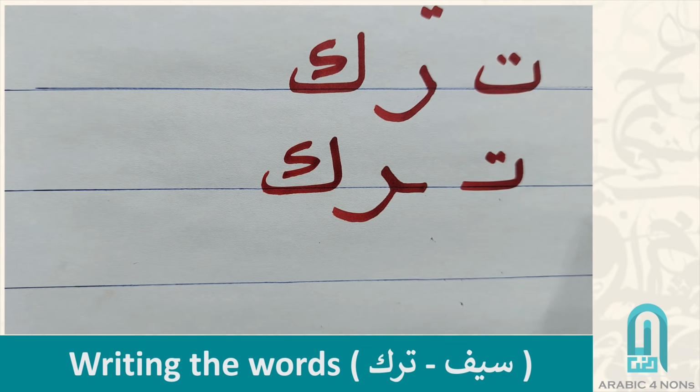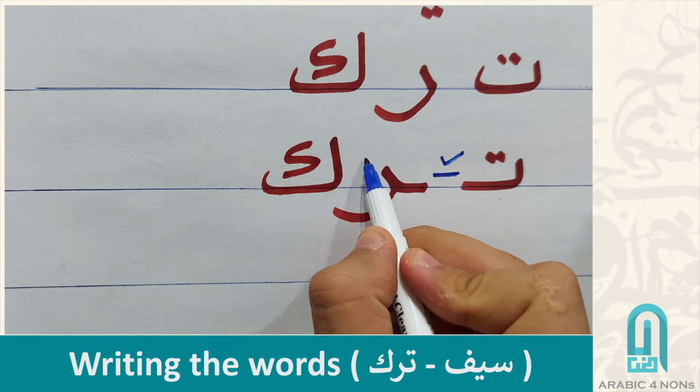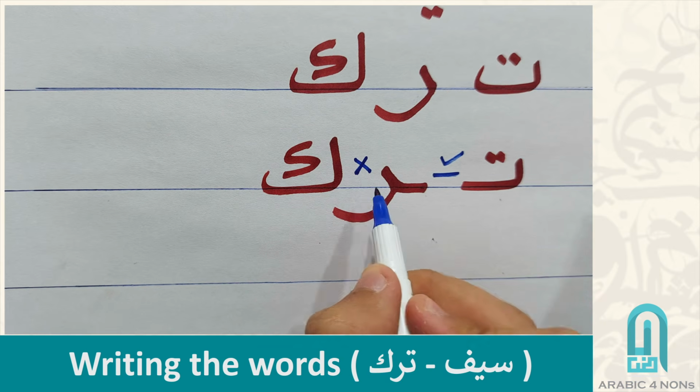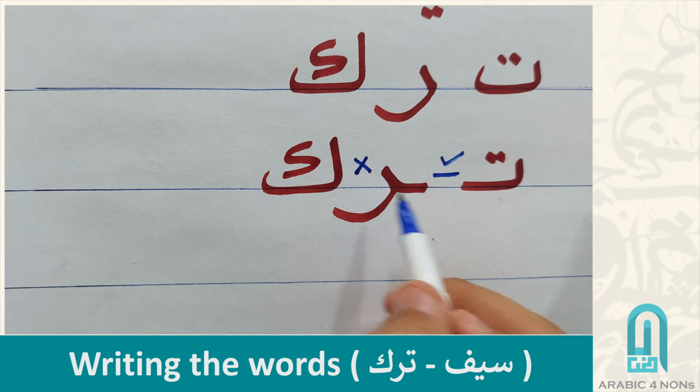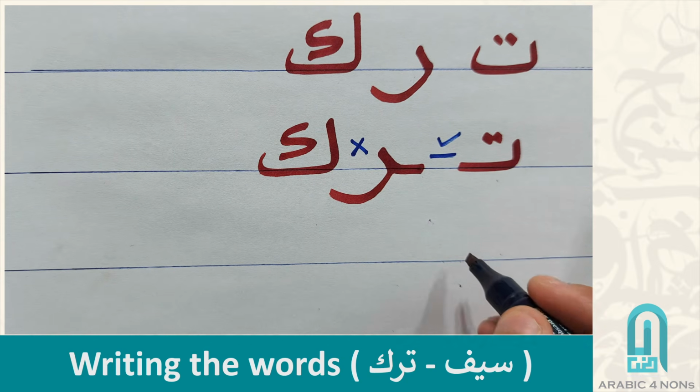Then we will join, but here we join only the horizontal line, as we said. So the joining will happen here. No joins come from this side because we don't have any horizontal lines here. It's only here.